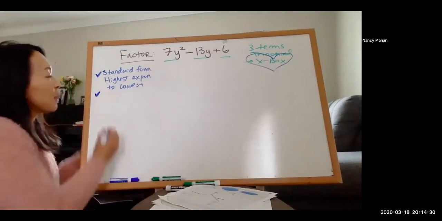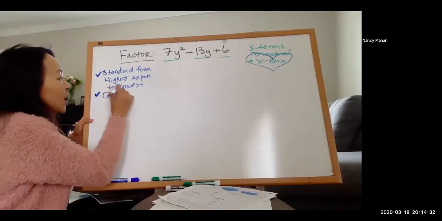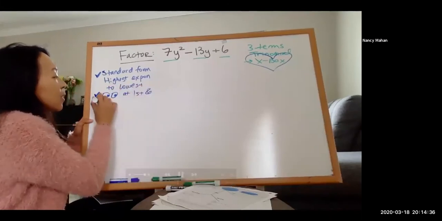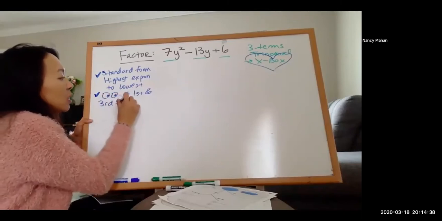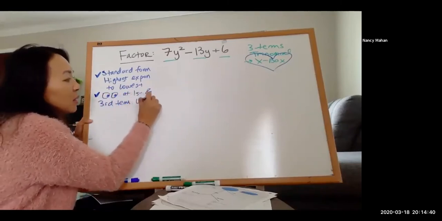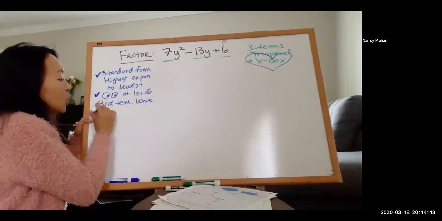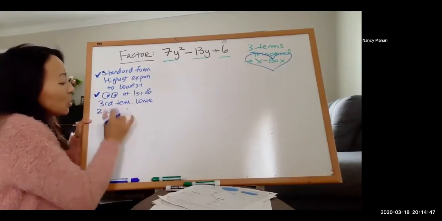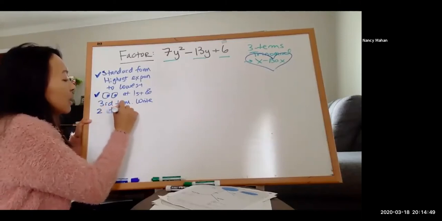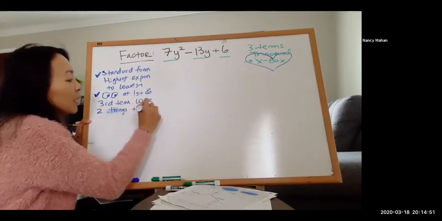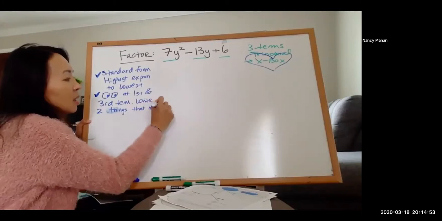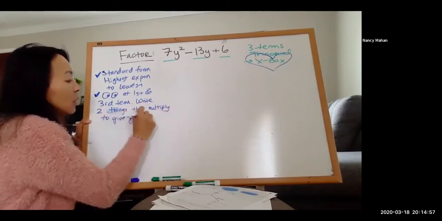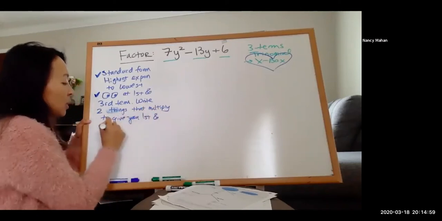The second step is you are going to look, those are eyeballs, at the first and third terms. And you're going to write down two things that multiply to give you the first and third terms.